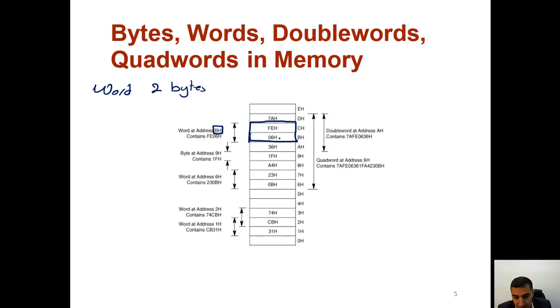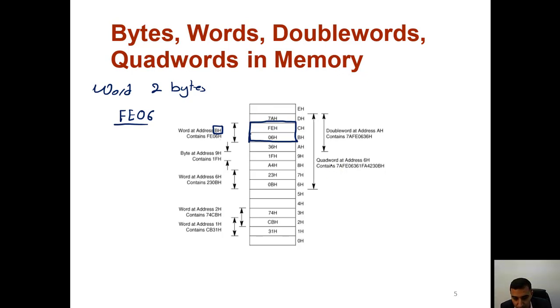So I'm going to read these 2 bytes. Remember, the lowest byte is stored at the lowest address. So it is 06FE. You write it like this, so you end up with FE06. The lowest byte is always stored in the lowest address.